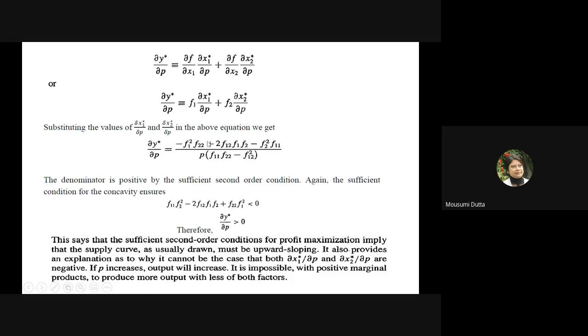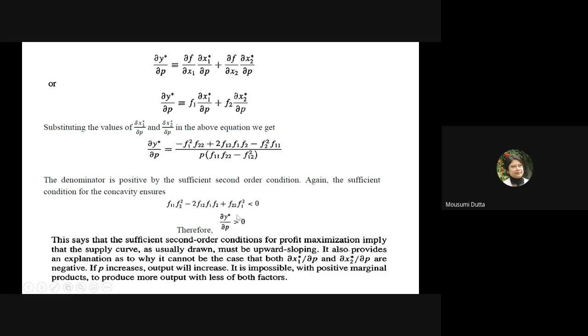So the numerator is positive, the denominator is positive, which indicates del Y star by del P is positive. So the supply function with respect to price will be positive.